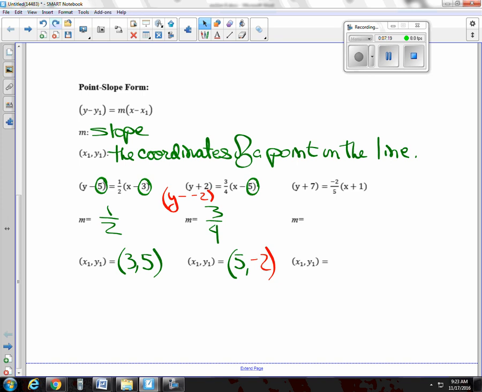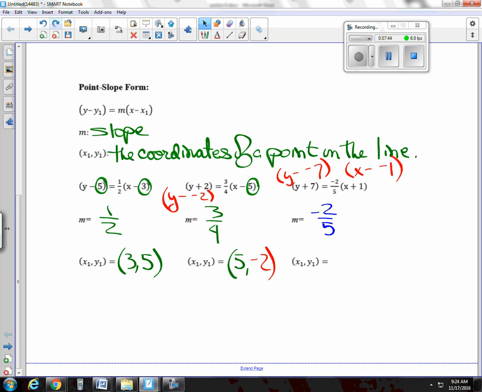In the third one, y plus 7 is equal to -2/5 times the quantity x plus 1. This is in point-slope form. M, obviously, is -2/5. Now we need to figure out the x and y coordinates. Well, it's y minus -7, because we need that minus sign in there, right?